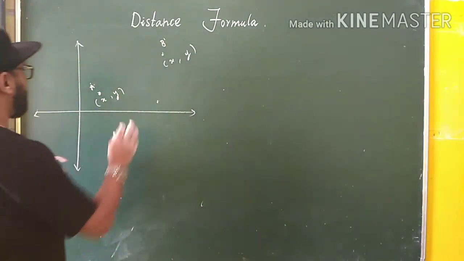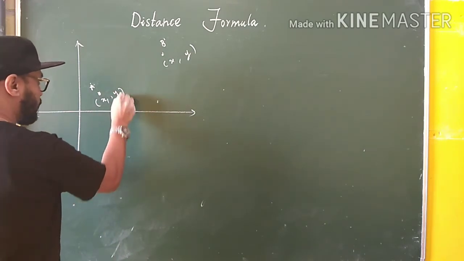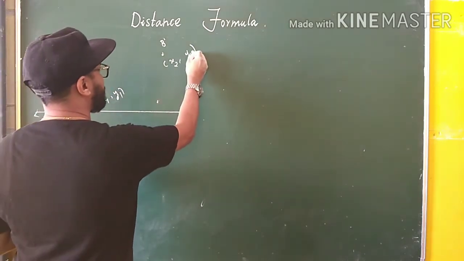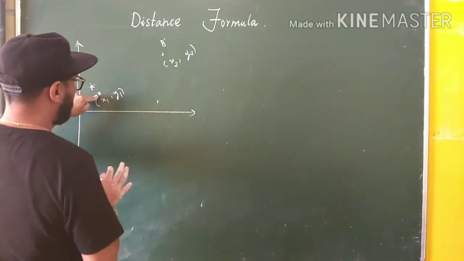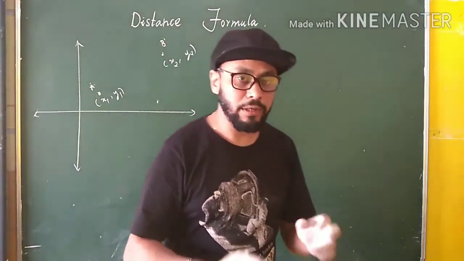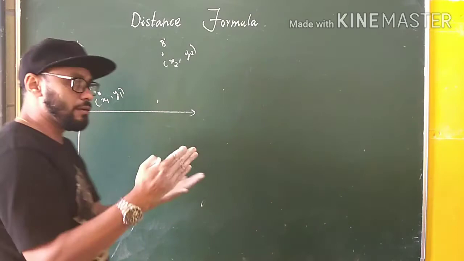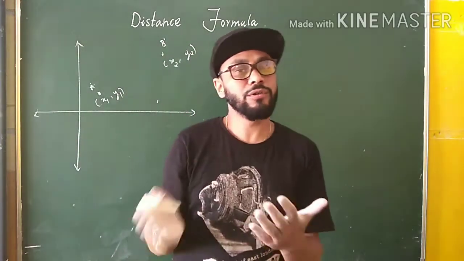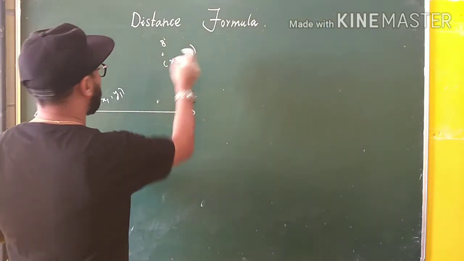So if we take this coordinate as x1, y1, this has to be x2, y2. Most people get confused with that. If they assume x and y here and also x and y here, this is not correct. Both coordinates are different, so the value of the abscissa and the ordinate also has to be different. That's why we have to take x1, y1, x2, y2.